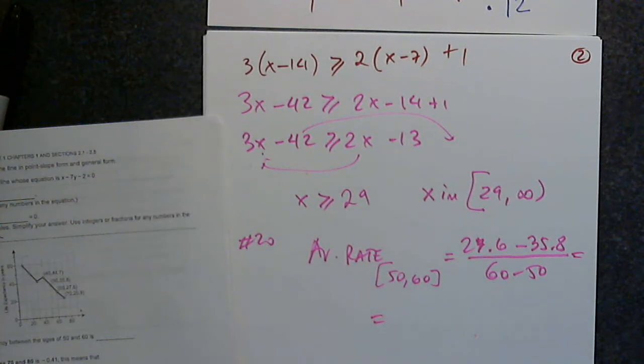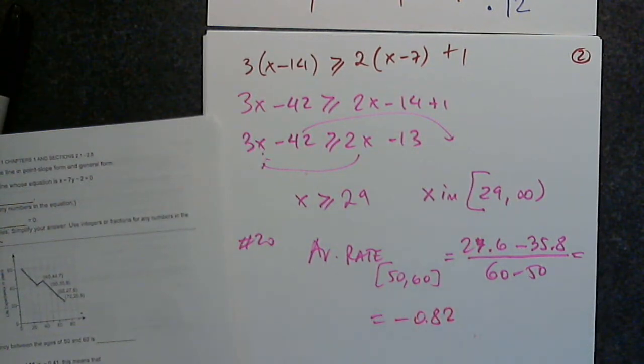Please tell me what you get. It's negative 0.82. Yes. Perfect. It means nothing without the measurement unit.